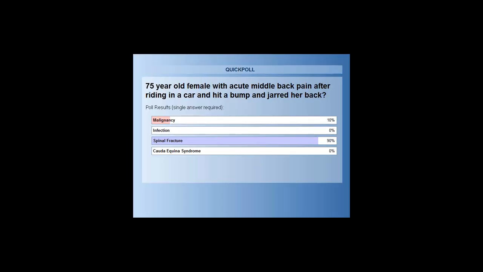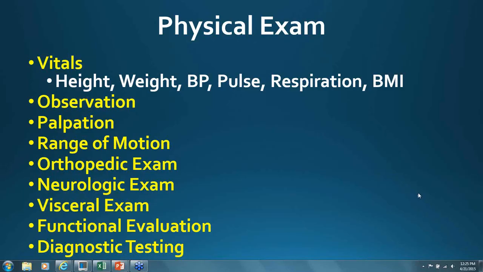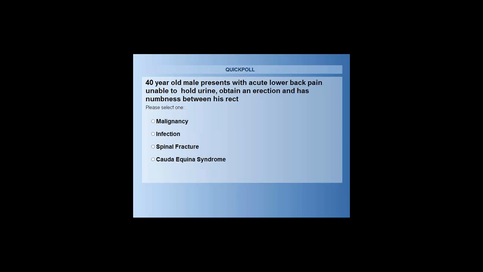Okay, the last question is a 40-year-old male presents with acute lower back pain, unable to hold urine, obtain an erection, and has numbness between his rectum and genitals. What are you thinking?